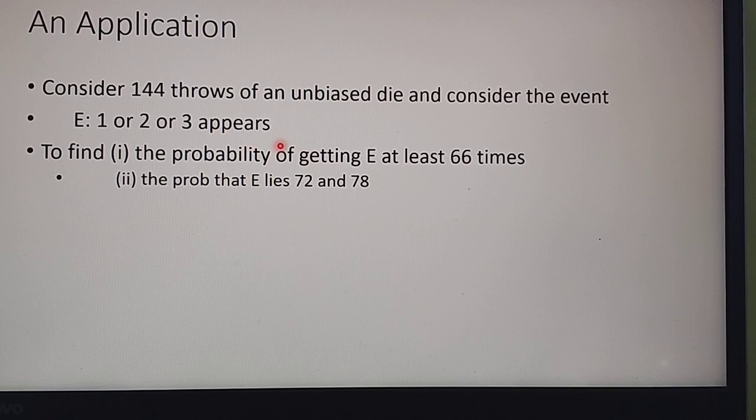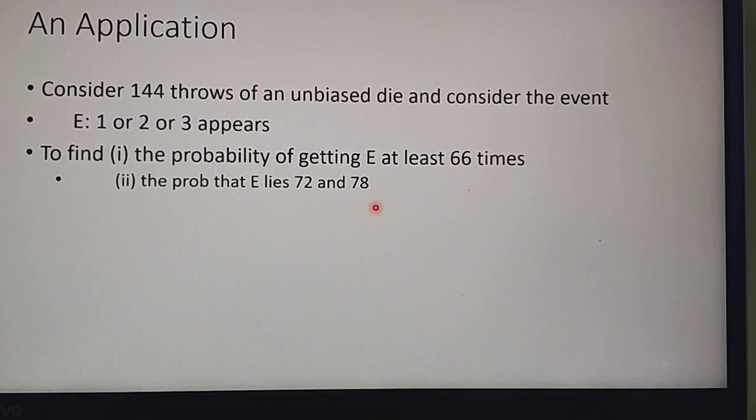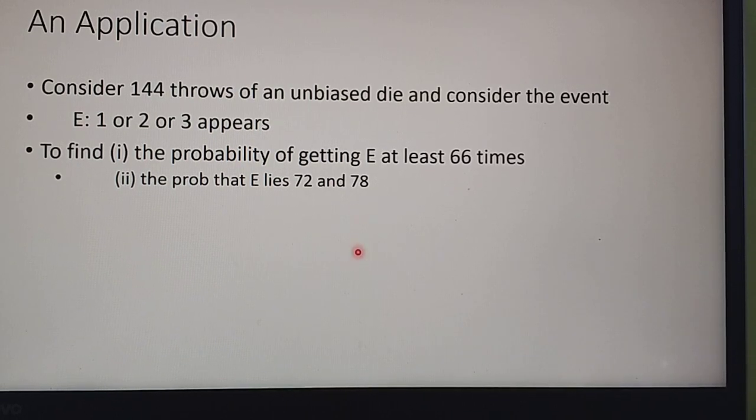You know that there are 6 faces of the die, so if any of 1 or 2 or 3 appears, then we define the event E. Now the problem is to find, number 1, the probability of getting E at least 66 times out of 144 throws. And number 2, the probability that E lies between 72 and 78, that is, the number of times E will occur lies between 72 and 78. So this is the problem.